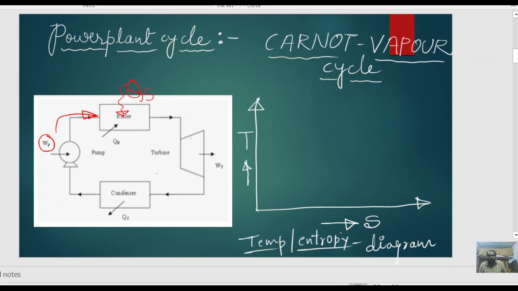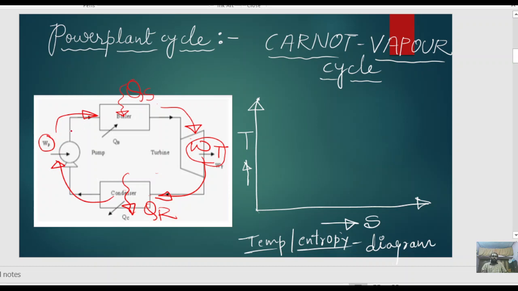The pumped water is converted into water vapor, that is the steam. That steam is expanded in the turbine. After we produce the work in the turbine, it goes to the condenser. In the condenser we reject the heat, remove all heat from the water, and send it back into the pump.